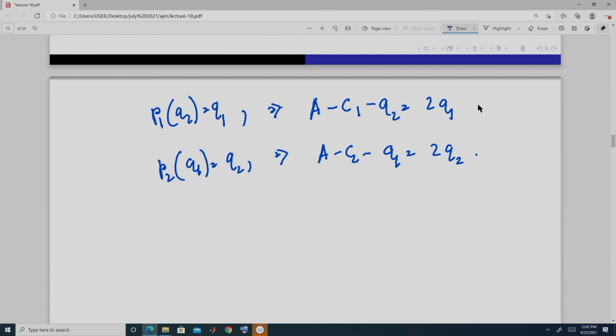Now, we solve these two equations. These two are linear equations and we can solve them.